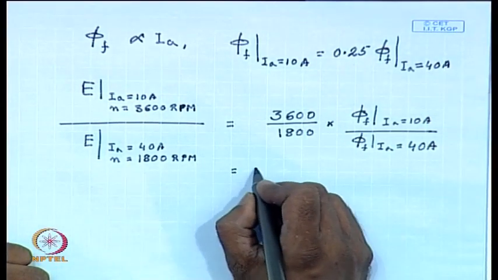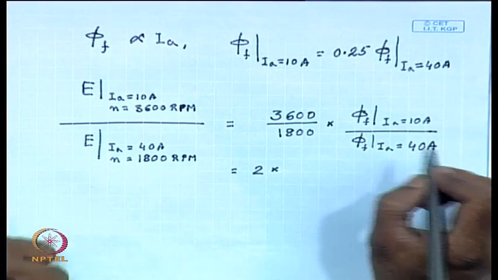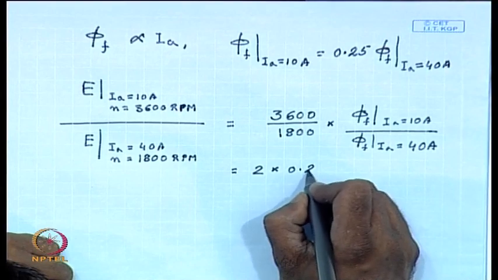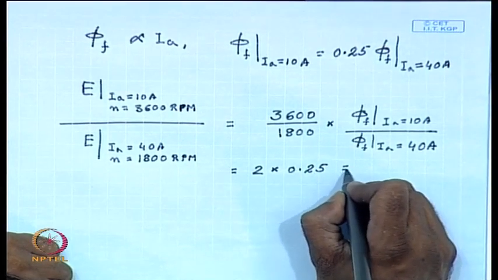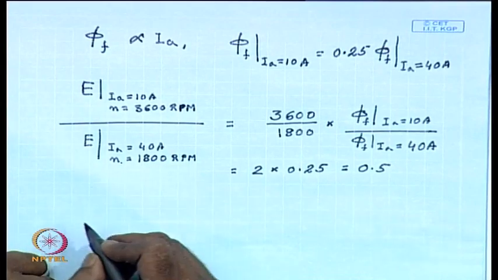So, this is equal to 2 into 0.25 equal to 0.5, and we know this quantity to be 232.